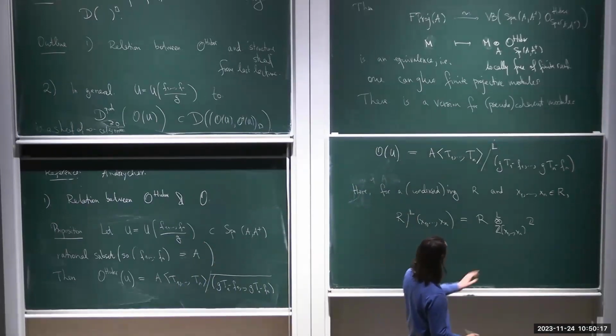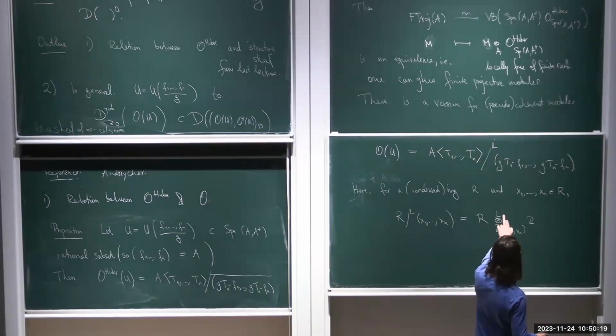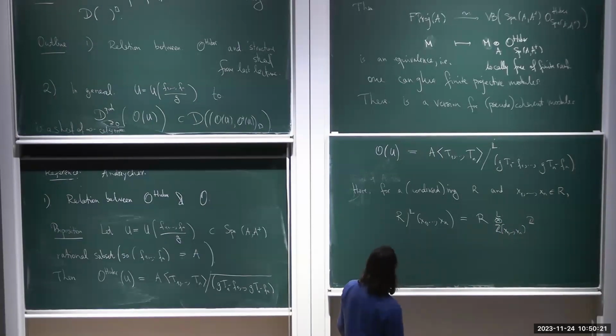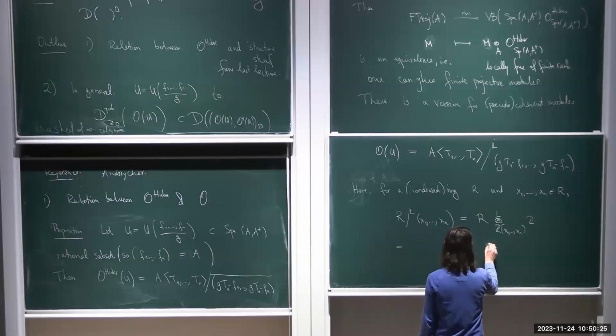So basically you're setting xi also to 0, but not just in the stupid way, but in the derived way. And concretely, this is computed by the Koszul complex.